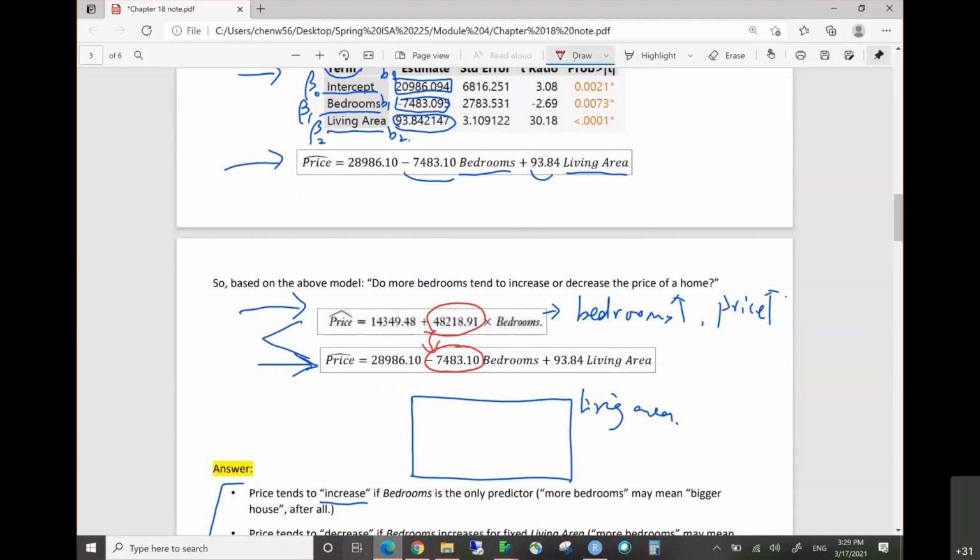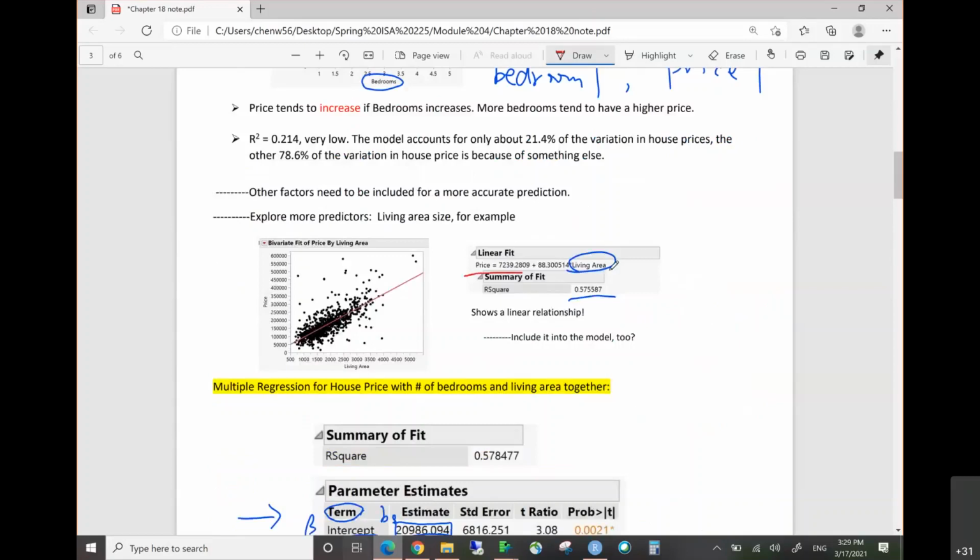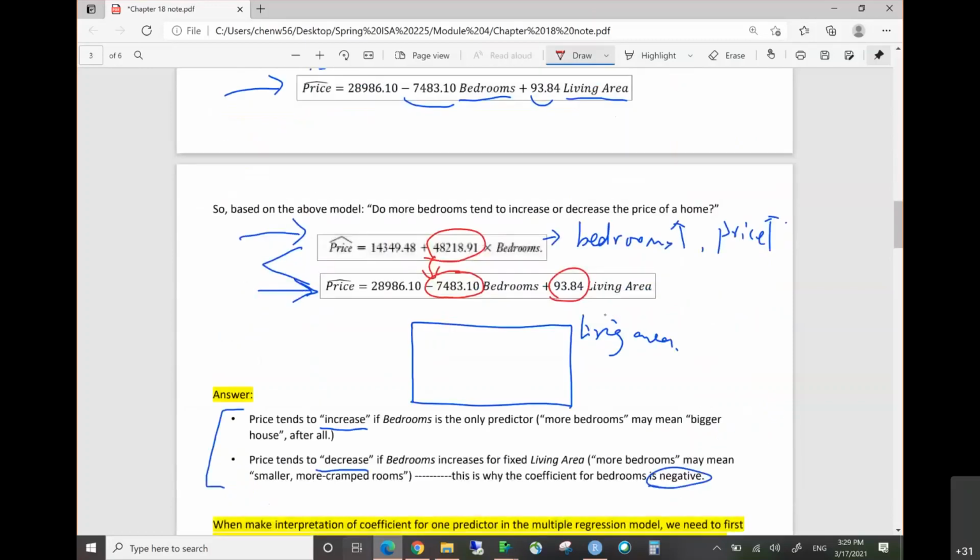The sign of the coefficient may change, right? Change from positive to negative or from negative to positive. The sign can change, but it can also keep the same sign. For example, for the living area in the simple linear regression, the coefficient here is positive, but in the multiple regression, it still keeps the positive, right?